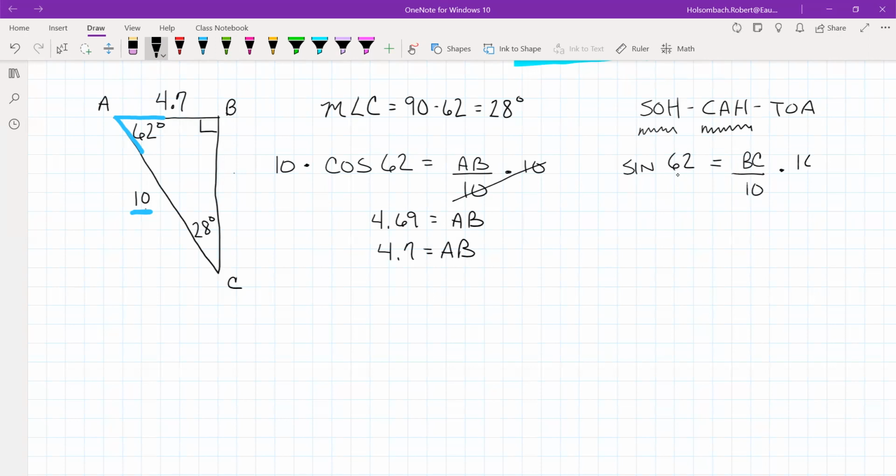Multiply both sides by 10 again. And 10 times sine 62 equals BC. So 10 times sine 62 equals 8.8. So 8.8 equals BC.